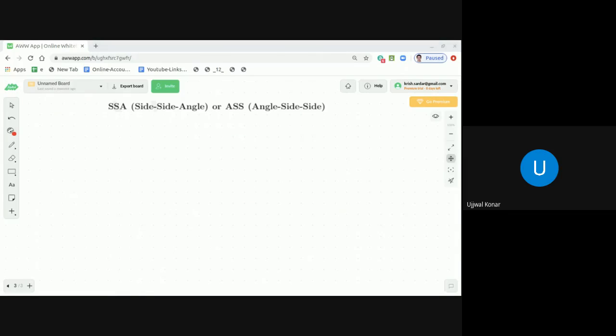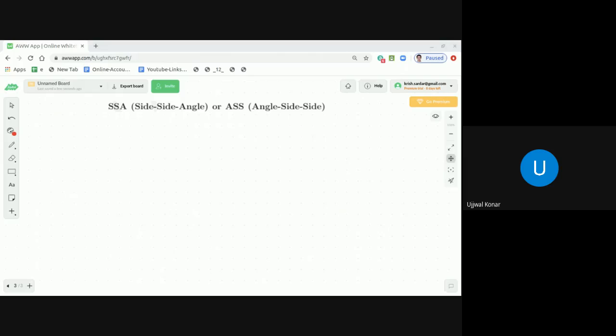SSA or ASS, which specifies that two sides and a non-included angle does not by itself prove congruency. In other words, to show congruency under the SSA or ASS rule, one additional piece of information is required.